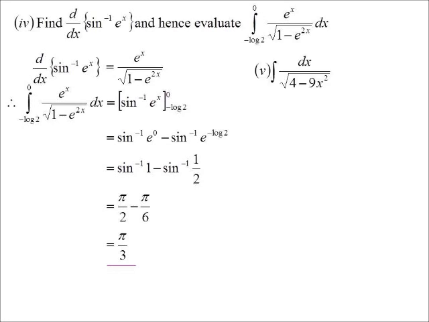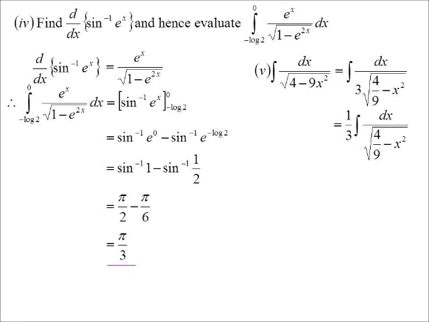Uh-oh. That integral we had was a squared minus x squared. Damn it, I've got 9x squared. What to do? I know. I'll factorise the 9 out, so I've got a squared minus x squared. There you go. So now I've got dx on 3 outside of 4/9 minus x squared.